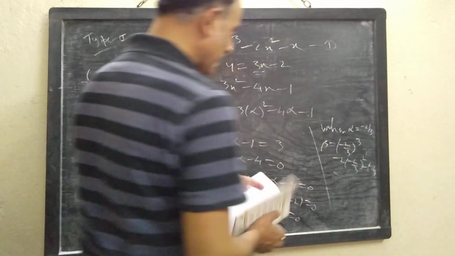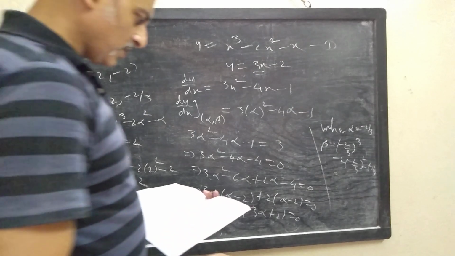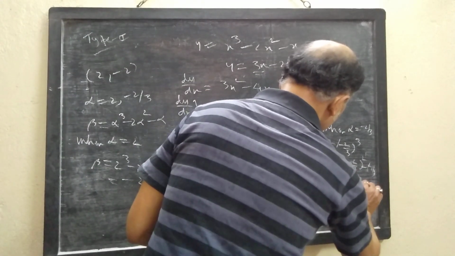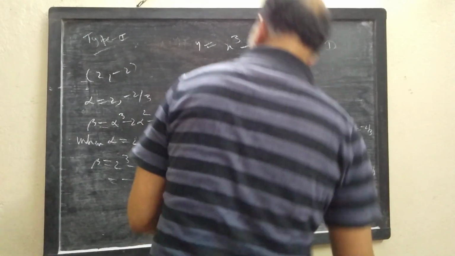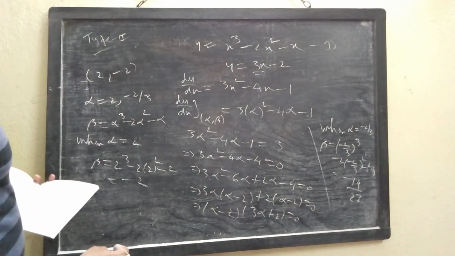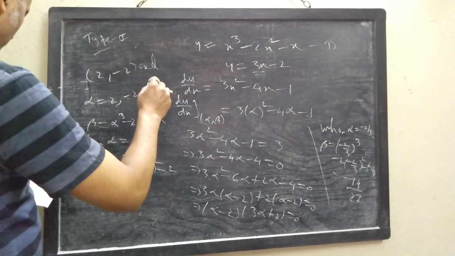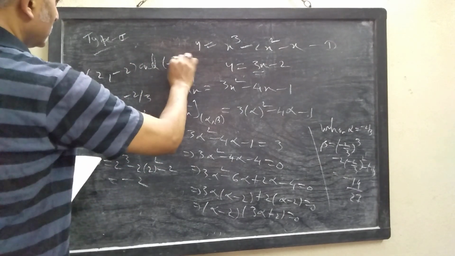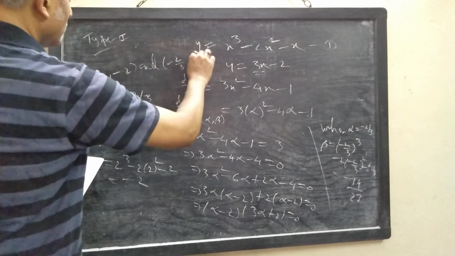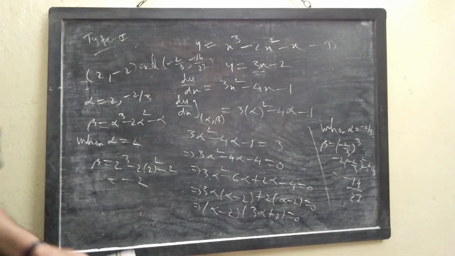So ultimately you get minus 14 by 27. So our required points will be (2, minus 2) and the other is (minus 2 by 3, minus 14 by 27). So simple.